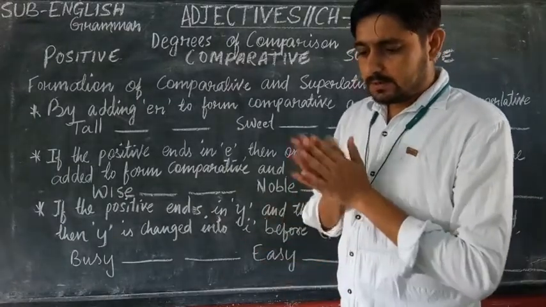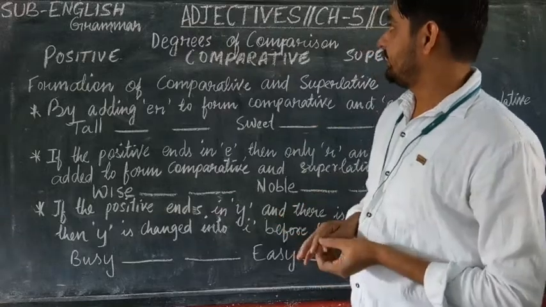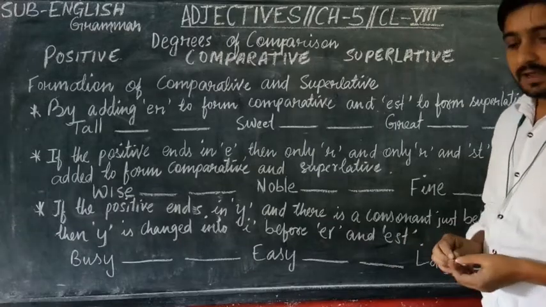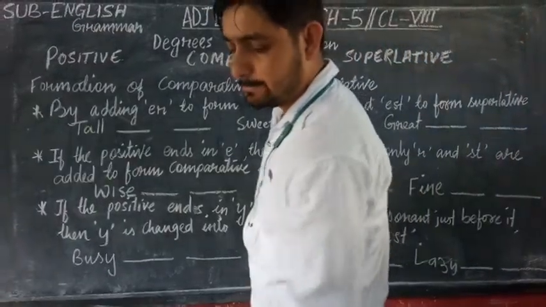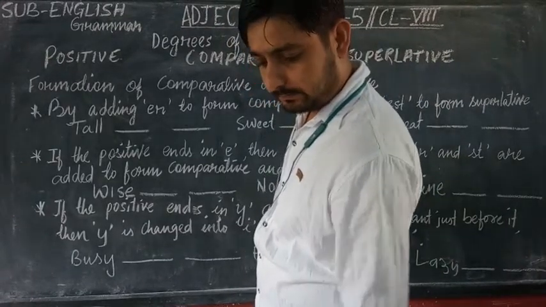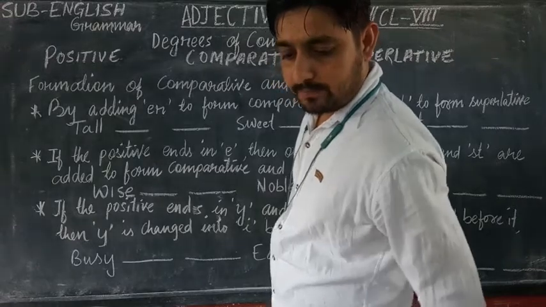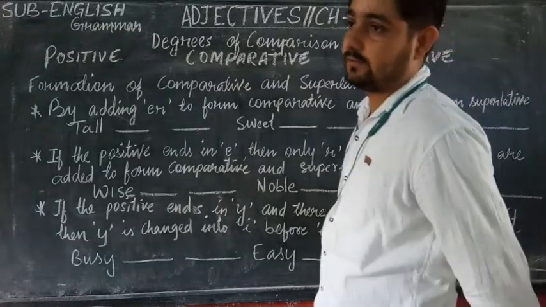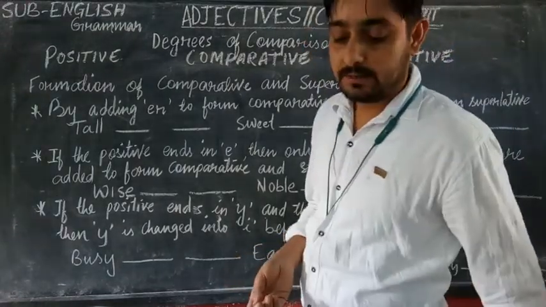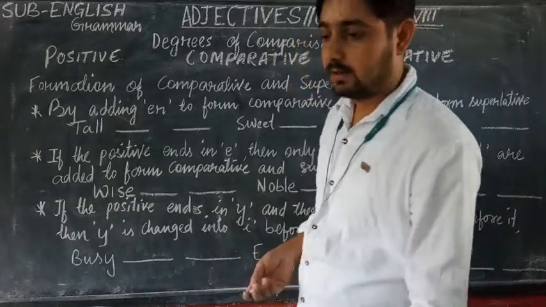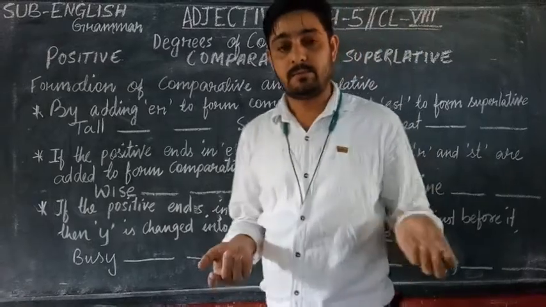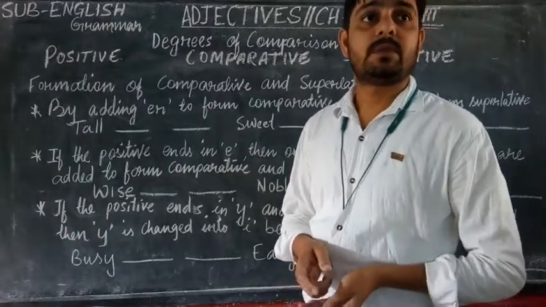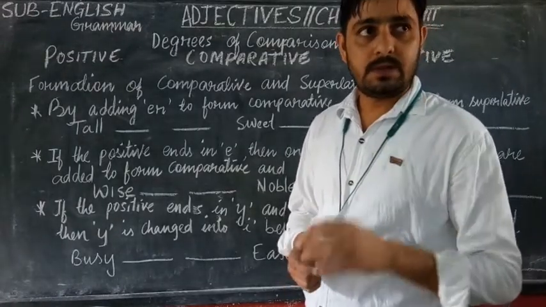Now, in the last class from chapter 5, Adjectives, we have learned about the formation of adjectives, how we can form an adjective by adding en, by adding ful, not like suffixes, but we use some suffixes to make adjectives.